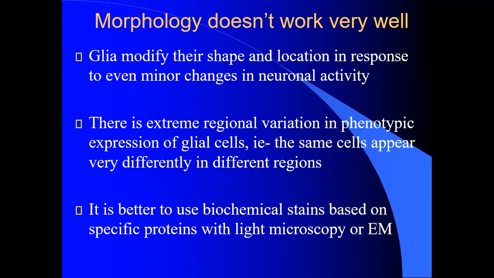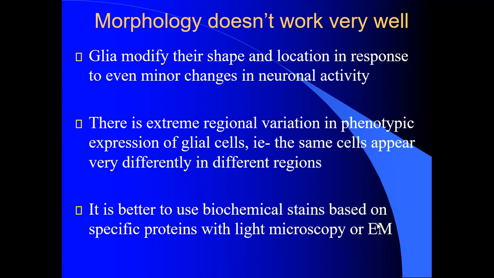They change their shape and their phenotype so dramatically and so quickly that it isn't a good idea. So if you want to know that you're looking at a glial cell, you really need to stain the cell. For astrocytes, we use GFAP. For oligos, you have many other choices to use. All right, so you use these biochemical stains, whether you're looking at light or EM.